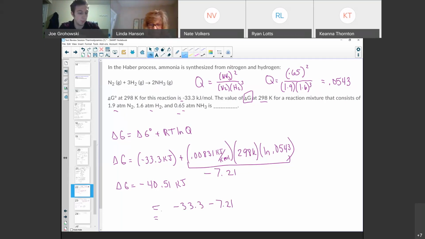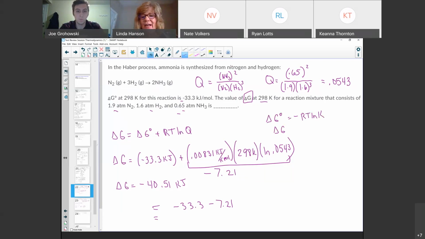Okay, I got it that time. I think what I did wrong was I had a negative in front of the 0.00831, so it threw off my number. Oh, I'm so glad you said that. And look carefully at your sheet, because when you're solving for delta G standard, it is negative RT ln K. So that might be where you're confusing the two.